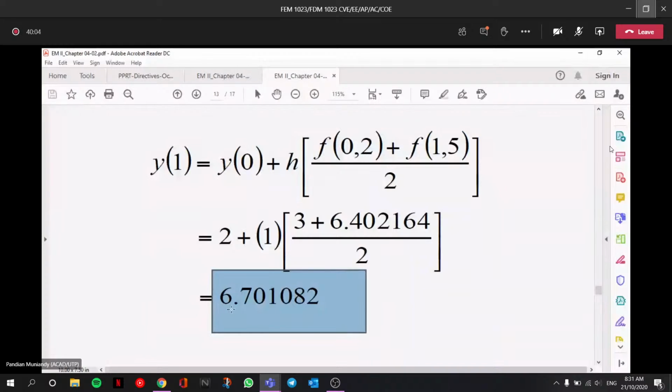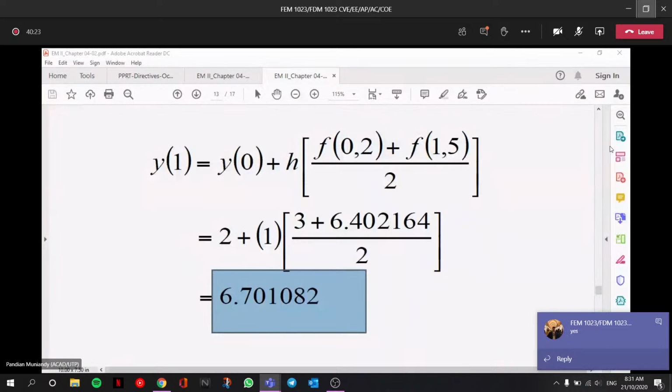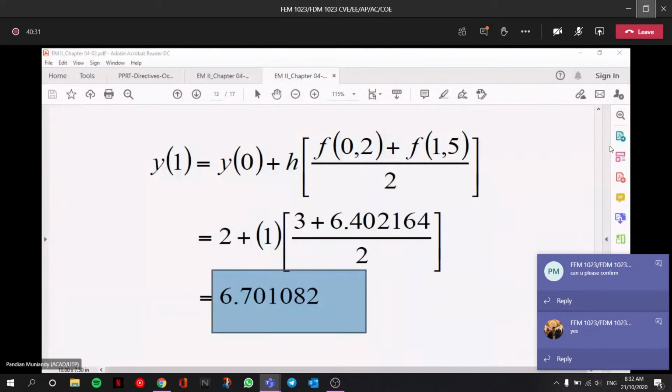So the answer is 6.701082. So can you verify this, class? Arif Hakimi, can you verify? Can you please confirm with your calculator?